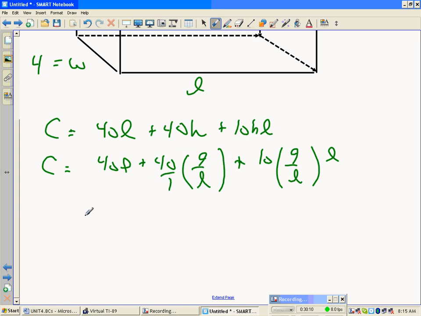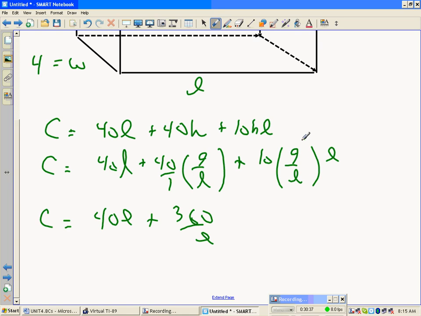This is going to be the cost function as a function of L. This is L, it keeps on looking like an E. So this is 40L plus 360 over L, good.